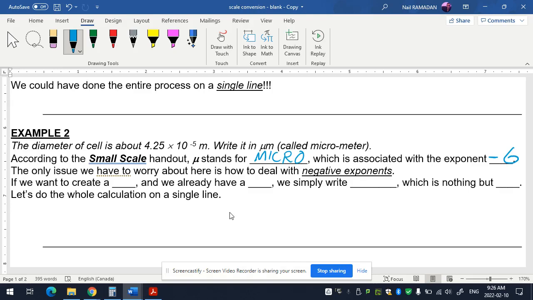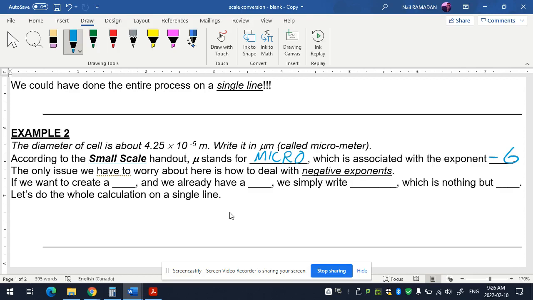No problem. We're good for it. We want to create, Ali, what do you want to create? A -5. But here's the thing. We want to create -6 and we already have a -5, we simply write.